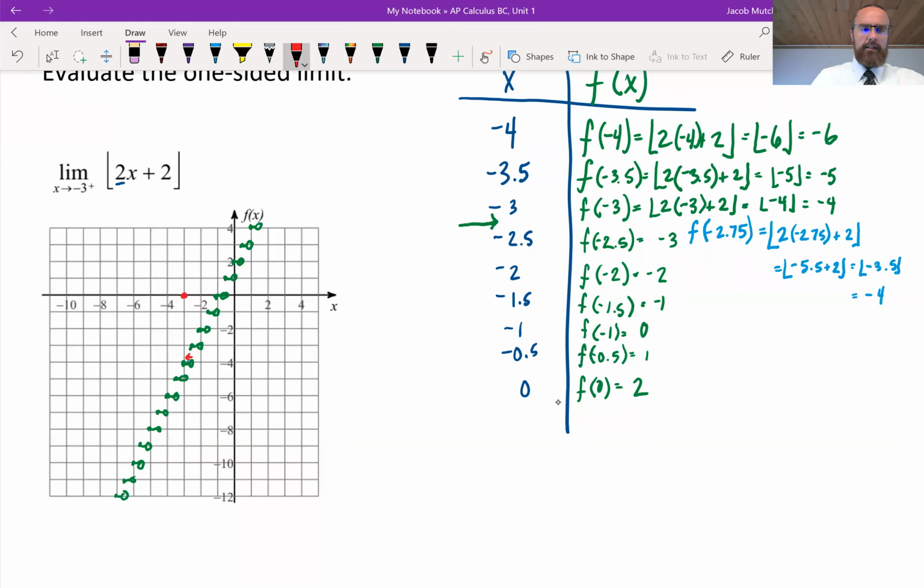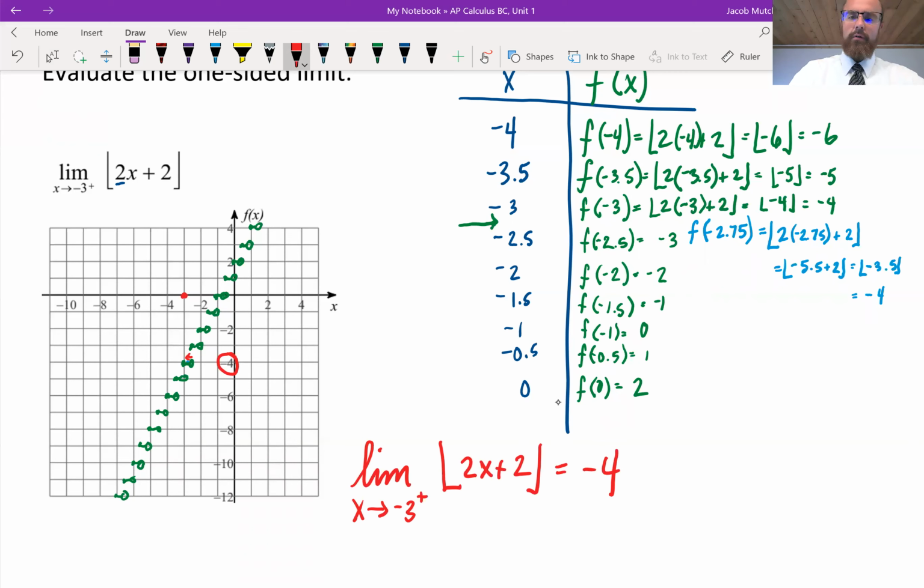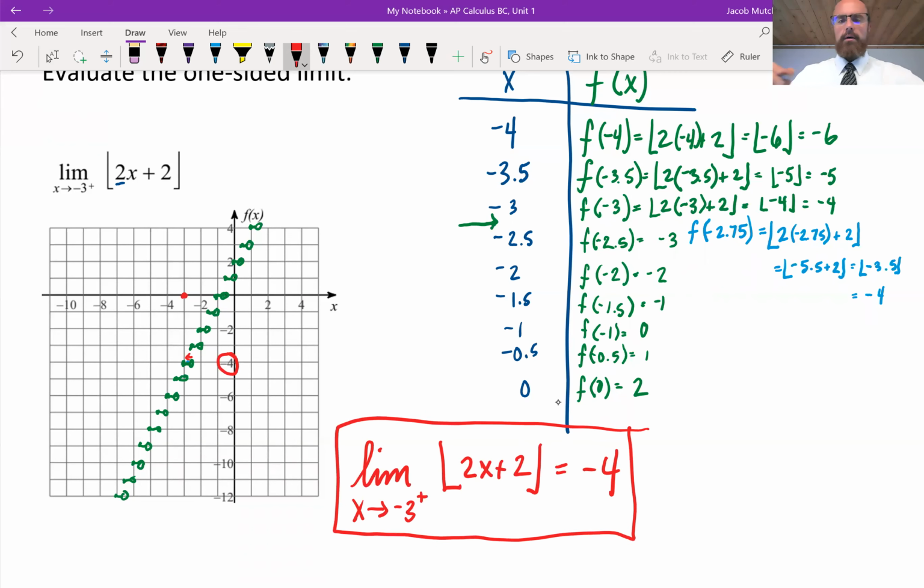Well, it looks like that is the value of negative 4. So the limit as x approaches negative 3, again, that power of plus means from the right-hand side, of step function 2x plus 2 equals negative 4. Remember, the limit is the y value as x gets close to a certain number.